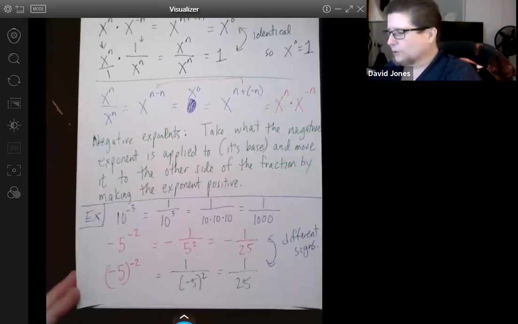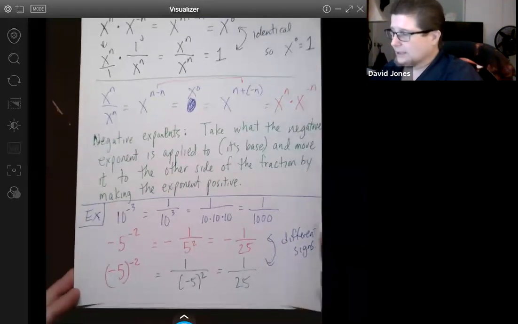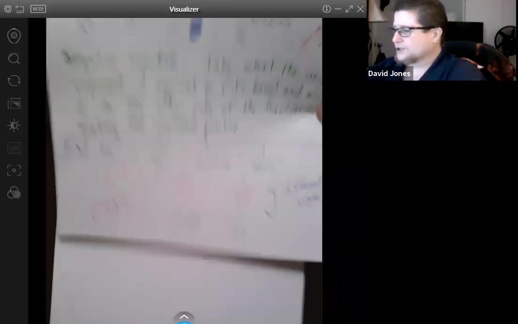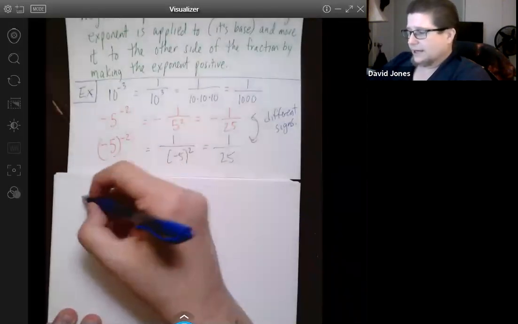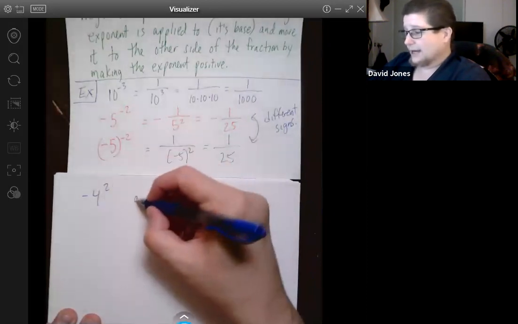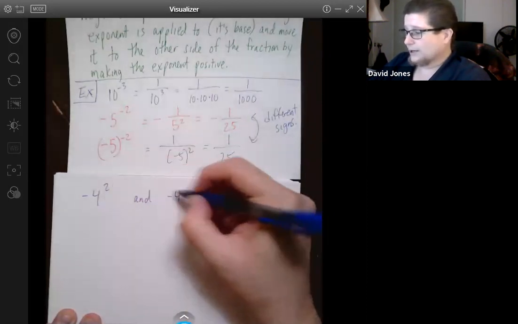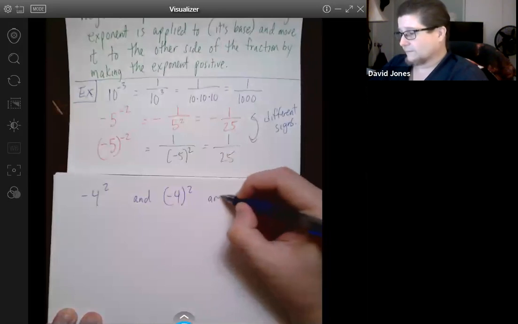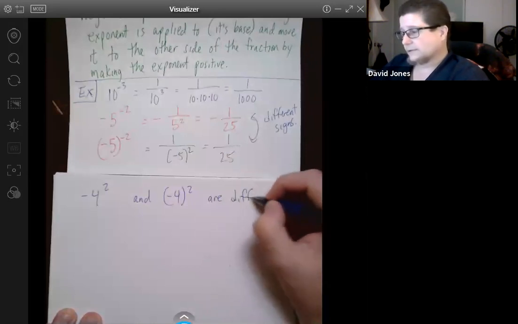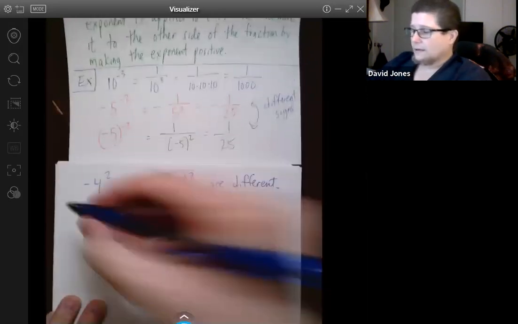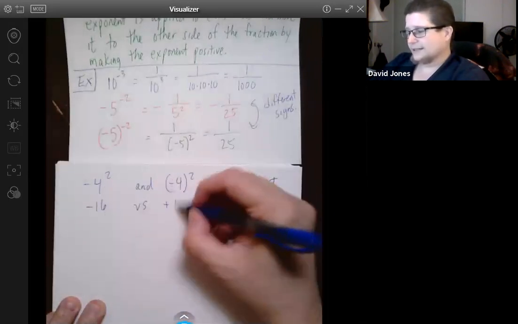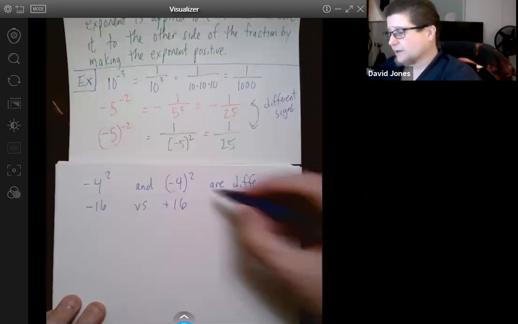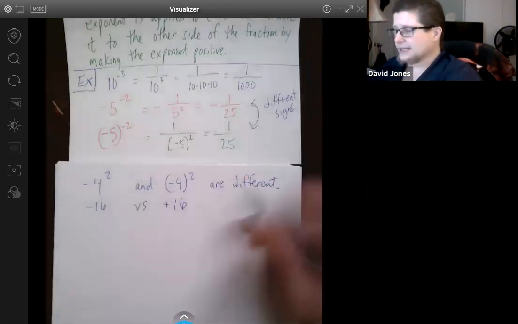That's a general rule of exponents. That general rule applies to normal exponents. -4 squared and (-4) squared are different. This one is -16 versus this one is +16. So with negative signs, pay attention.